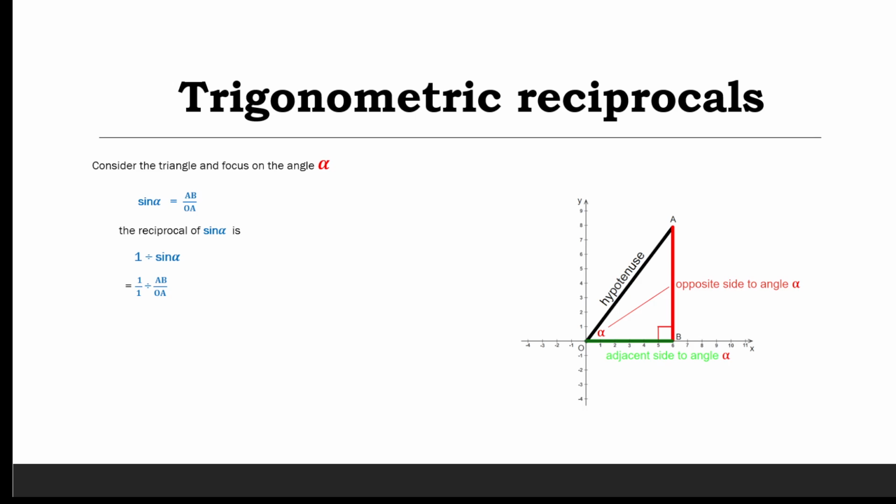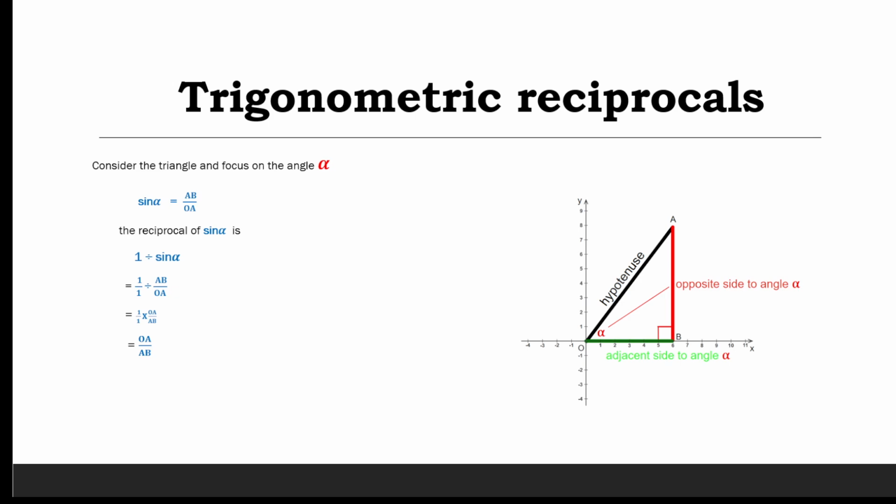That would give us 1 over 1 divided by AB over OA, which takes us to fractions again. We convert the division sign into multiplication, and the numerator of the fraction on the right becomes the denominator and the denominator becomes the numerator, which yields OA over AB.